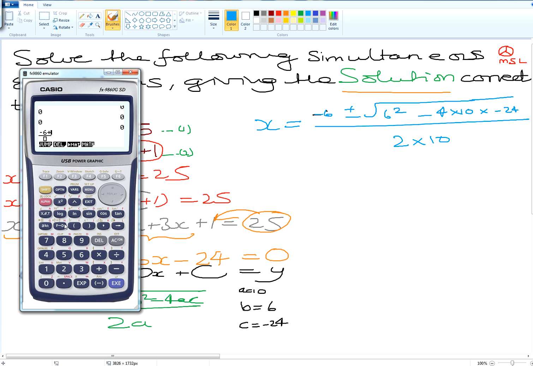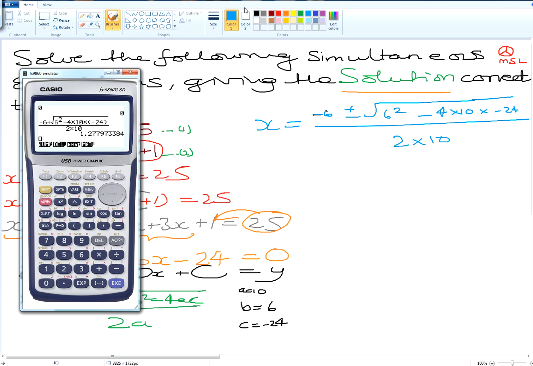And then you put the plus in there, and then we do the square root symbol, and then 6 squared, take away 4 times by 10 times by, little bracket there, minus 24. Use the replay button to bring it down once more. On the bottom now, so 2 times by 10. Is that right, folks? I tapped in properly?